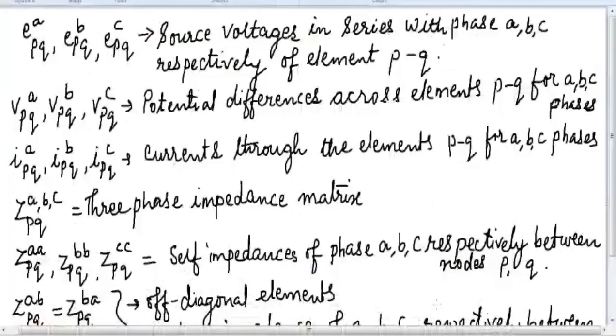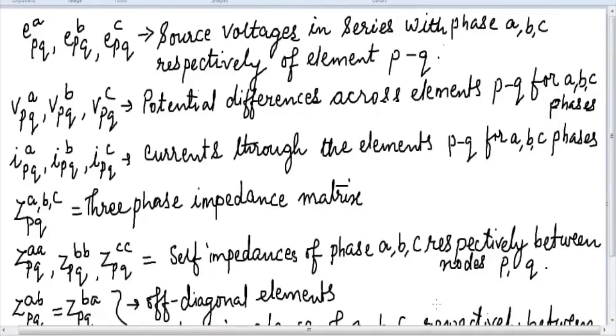E_PQA, E_PQB, E_PQC, these are the source voltages in series with phase A, B, C respectively of element PQ. V_PQA, V_PQB, V_PQC, these are the potential differences across elements PQ for ABC phases.